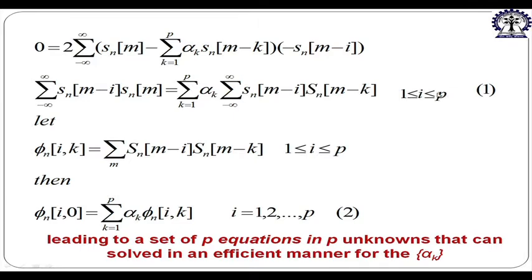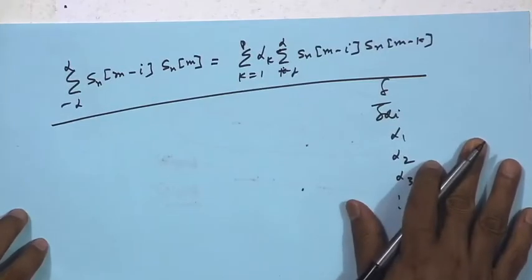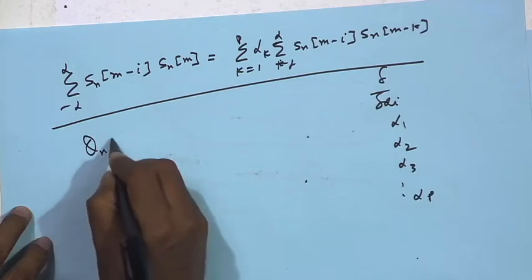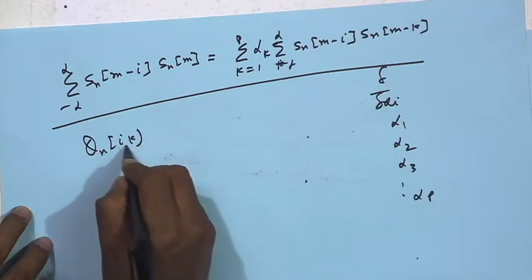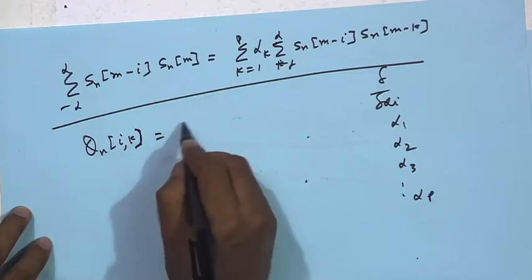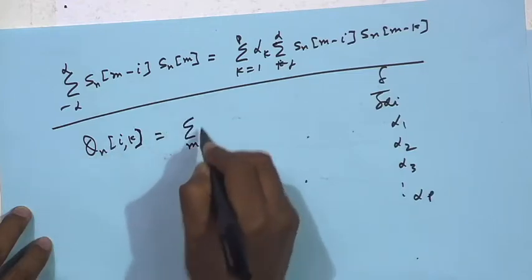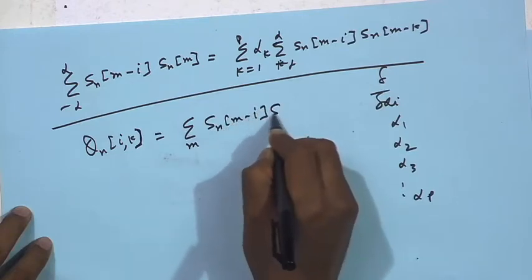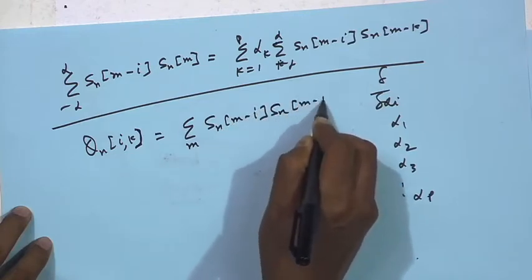So, now this is my equation, then I can write in matrix form. Let us write phi n i k is equal to the sum over m of S n m minus i S n m minus k.